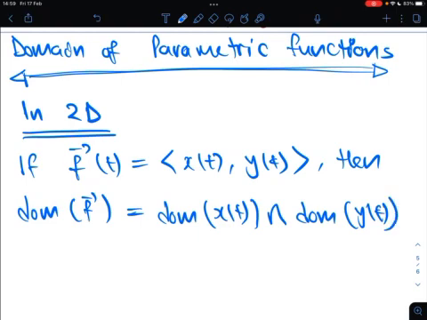This means the domain of any parameterized function is the intersection of the domains of the individual components, as you can see here.